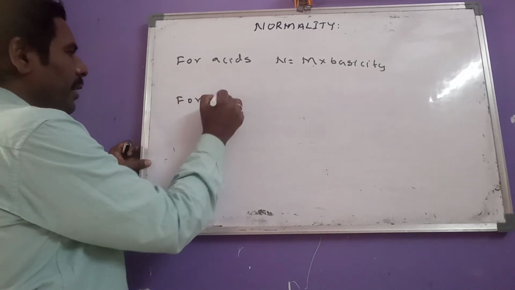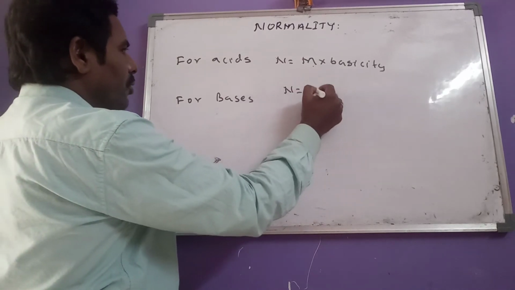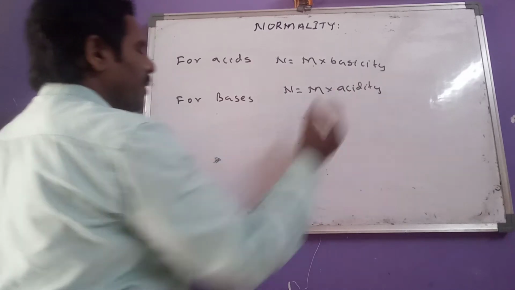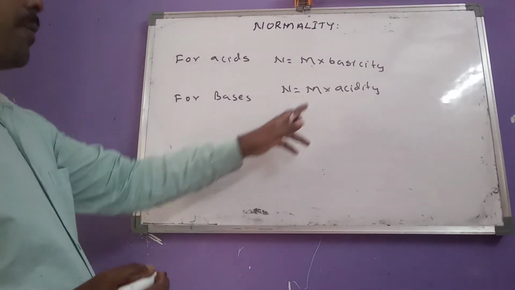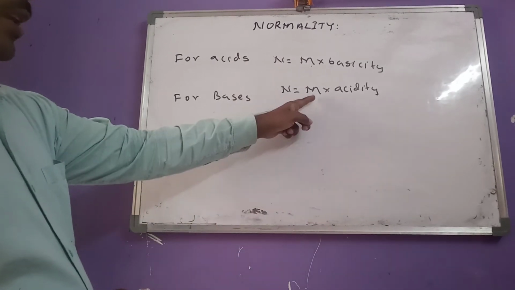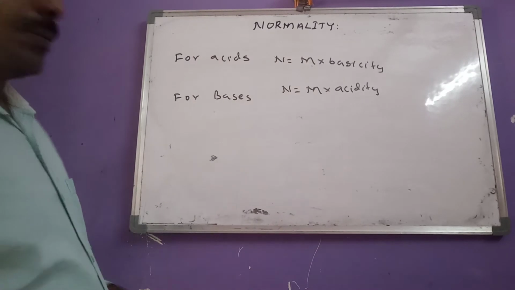For bases, normality equals molarity into acidity. So by multiplying molarity with acidity, we can convert molarity to normality.